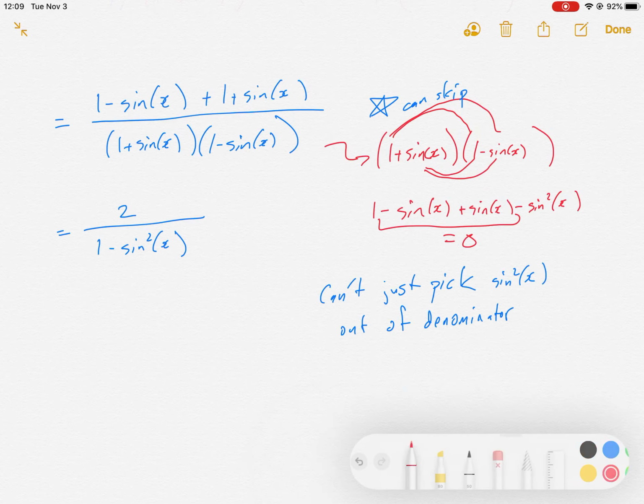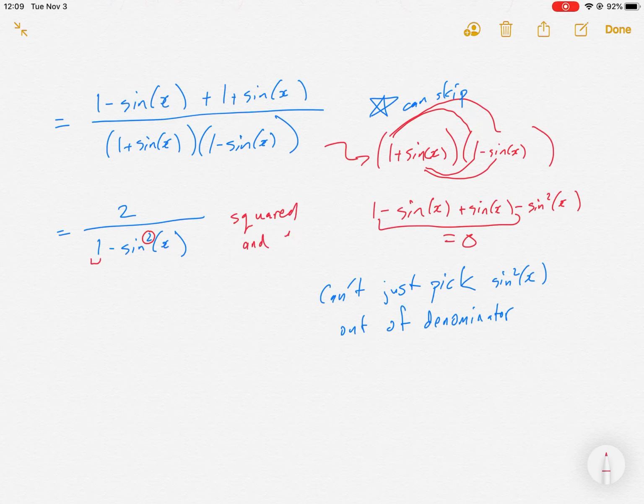Notice that I have this squared and I have a 1. You should hopefully start thinking about the Pythagorean identity. At this point, whenever you get stuck and you see a squared, start thinking about the Pythagorean identity.